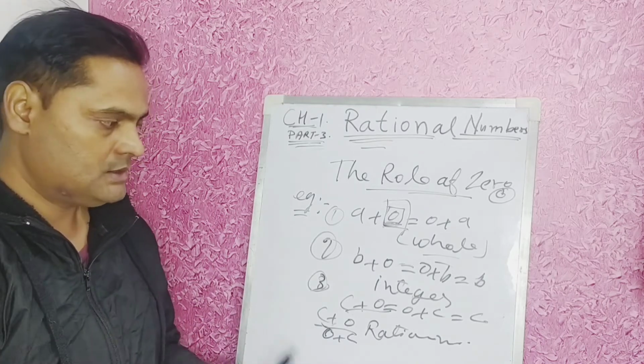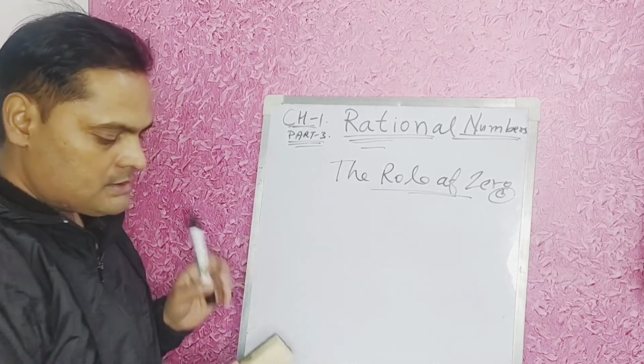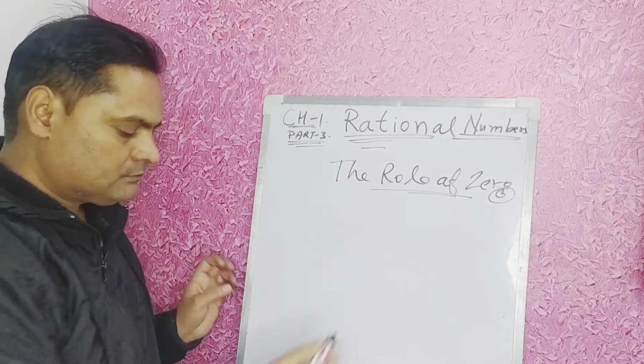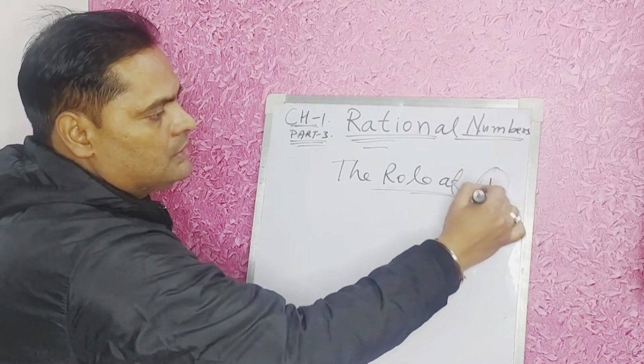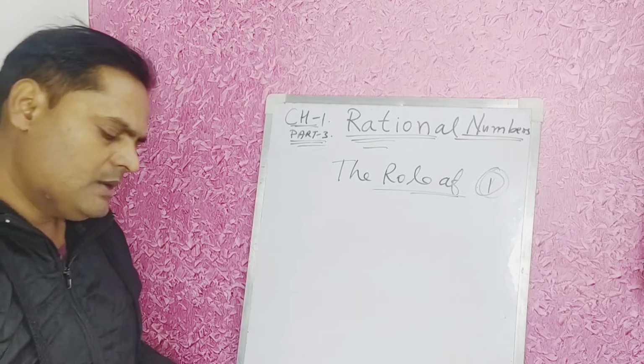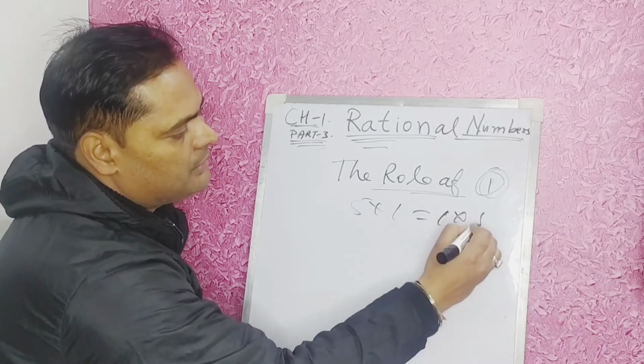So let's see another topic, that is the role of 1. Again, here also the role of 1 is there. Simply, the same answers, for example 5 multiplied by 1 is equal to 1 multiplied by 5.